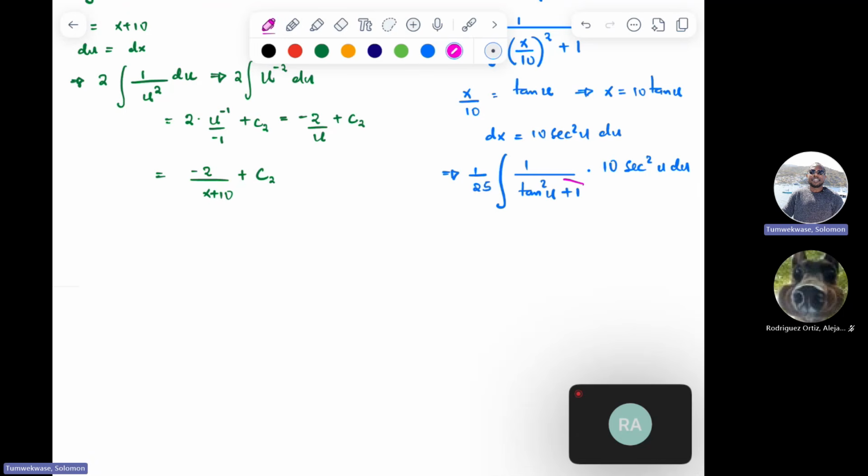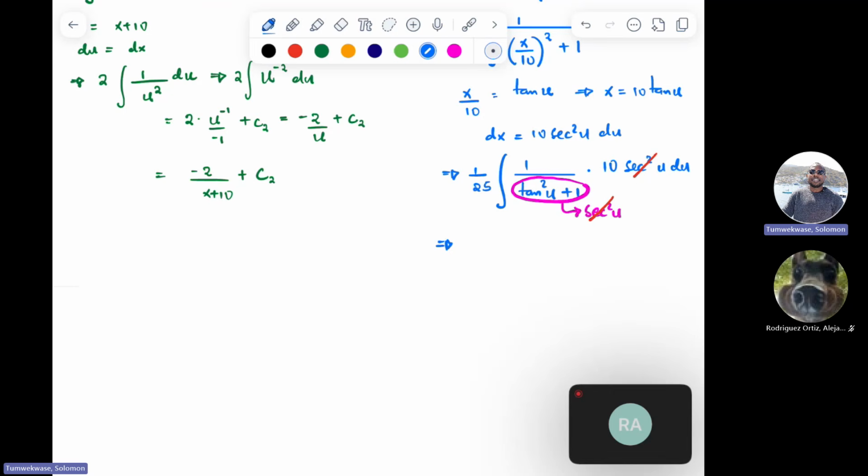Tangent squared plus 1, this guy here is the same as secant squared. I hope you remember that. So therefore, let me try to avoid writing another similar step. This secant squared and this secant squared will cancel, okay? I hope you see that. So what I remain with is 10.